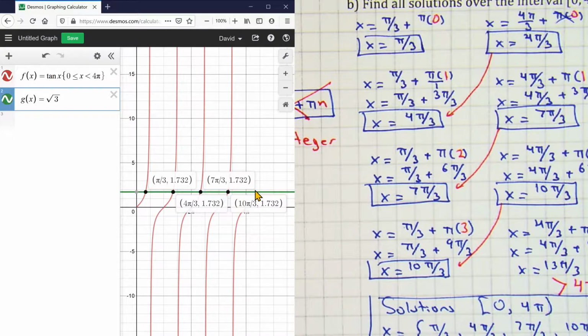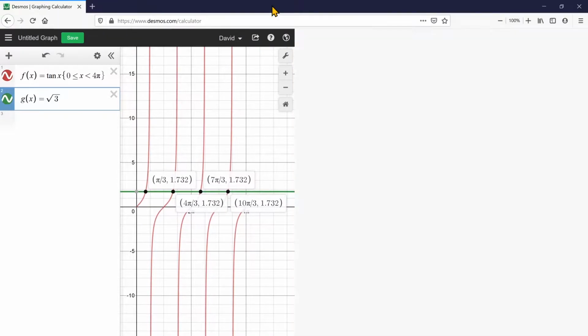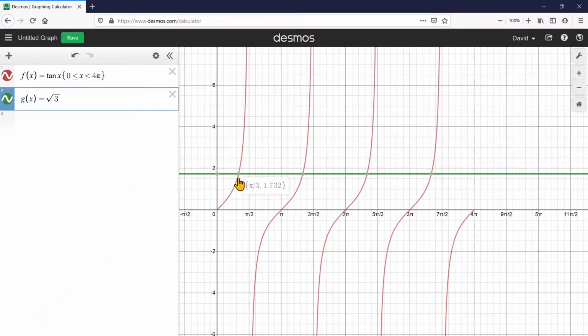The next one is already bigger than 4 pi, and that's why we do not include it. Notice that this repeats every pi. So your solution is pi over 3 plus pi is 4 pi over 3, plus 3 pi over 3 is 7 pi over 3, plus 3 pi over 3 is 10 pi over 3.